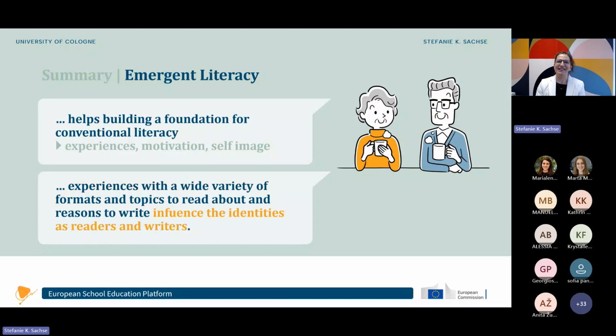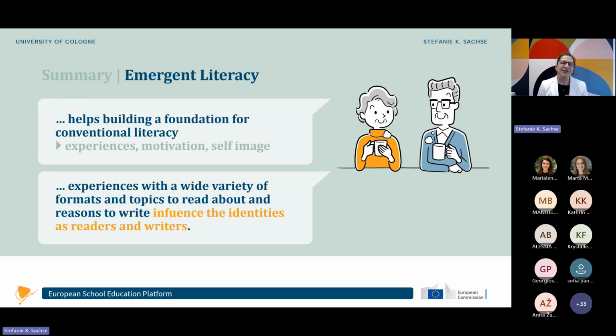All right, a summary for this first part on emergent literacy. All of those experiences help build a foundation for conventional literacy. They are important experiences for motivation, insights, skills, interests, self-image. The children perceive themselves as competent.